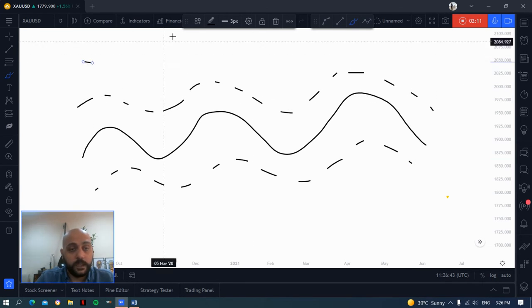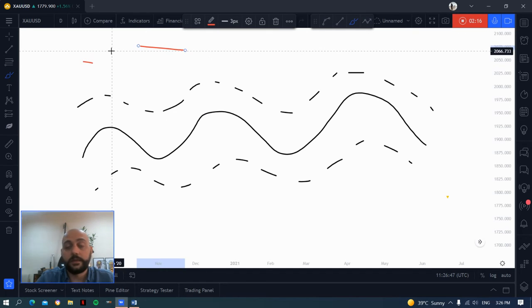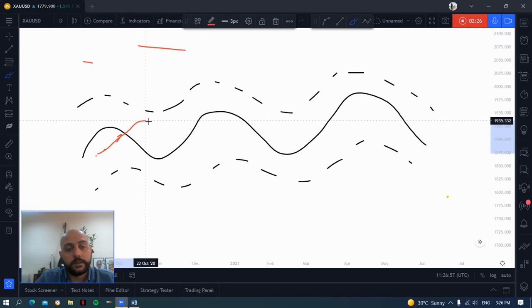So let's change our color to red. The red is going to be the market, and the black is going to be the moving average indicator. So let's say the market is actually going like this. Sorry about that. Here we go.